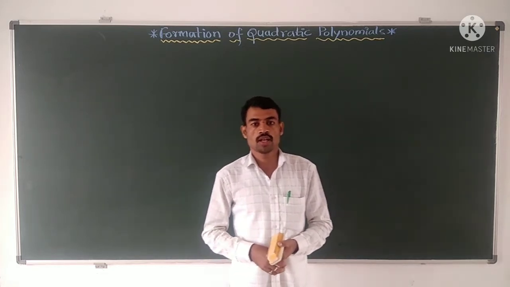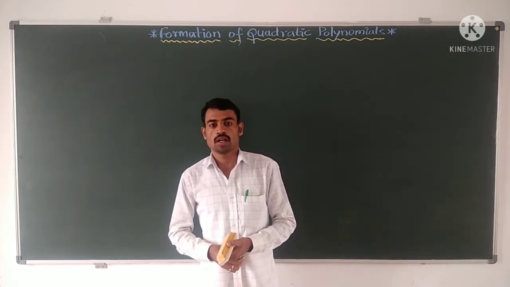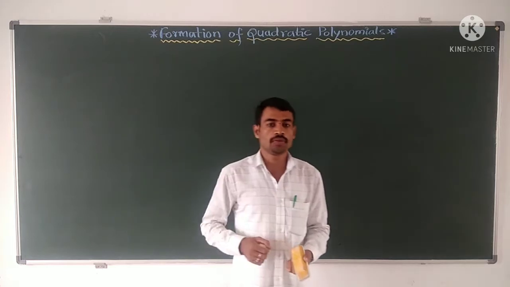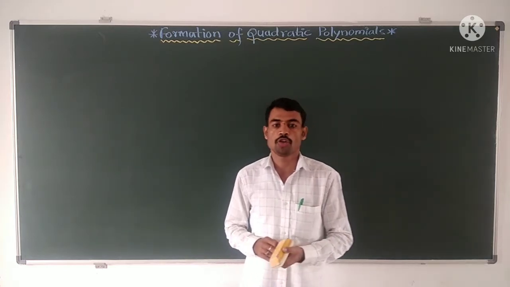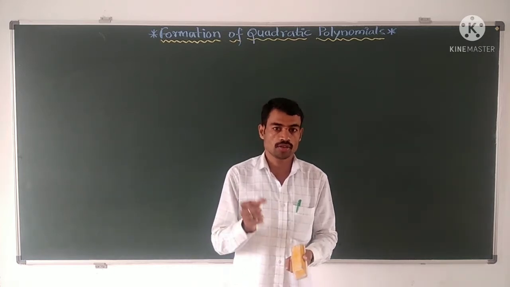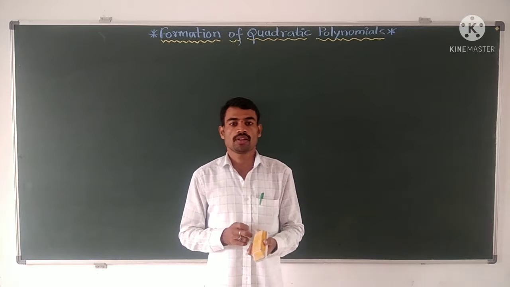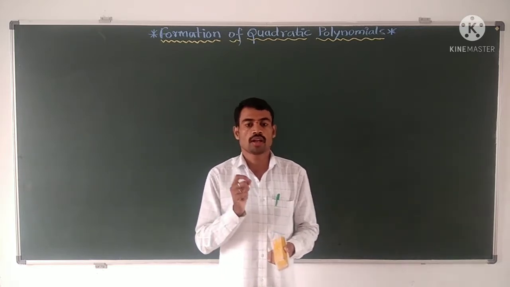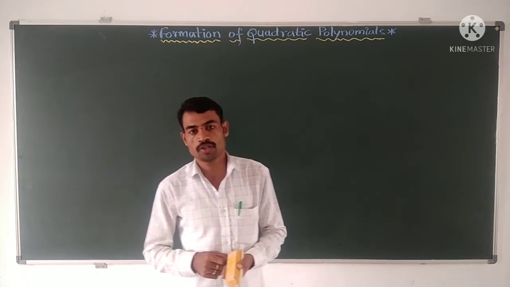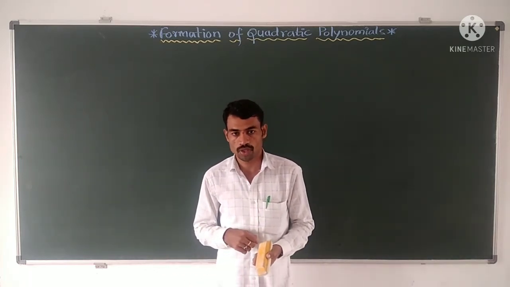Dear students, in the previous class we discussed how to find the zeros of the given quadratic polynomial and verify the relationship between the zeros and the coefficients of the quadratic polynomial. Clear?